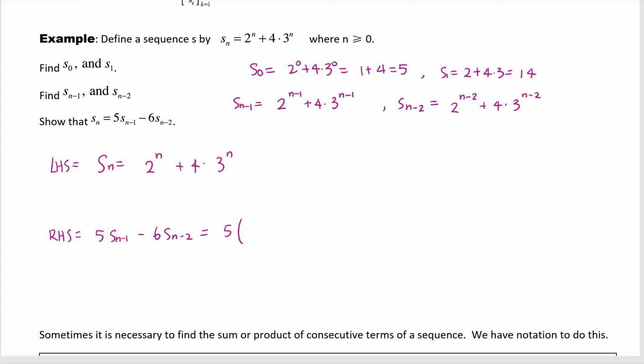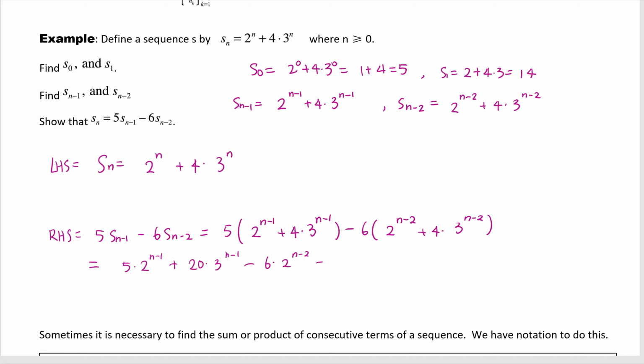Plugging in S_{n-1}, we have 2 to the n minus 1 plus 4 times 3 to the n minus 1, minus 6 times 2 to the n minus 2 plus 4 times 3 to the n minus 2. So we have 5 times 2 to the n minus 1 plus 5 times 4, which is 20, times 3 to the n minus 1, minus 6 times 2 to the n minus 2, minus 4 times 6, 24, times 3 to the n minus 2.